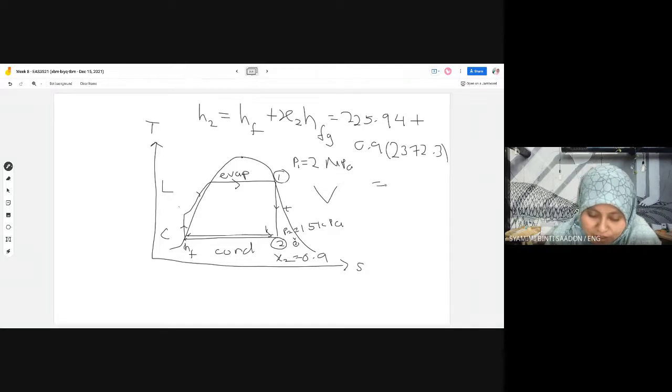So we get H2, which should be around 2000 something. Okay, calculate H2.